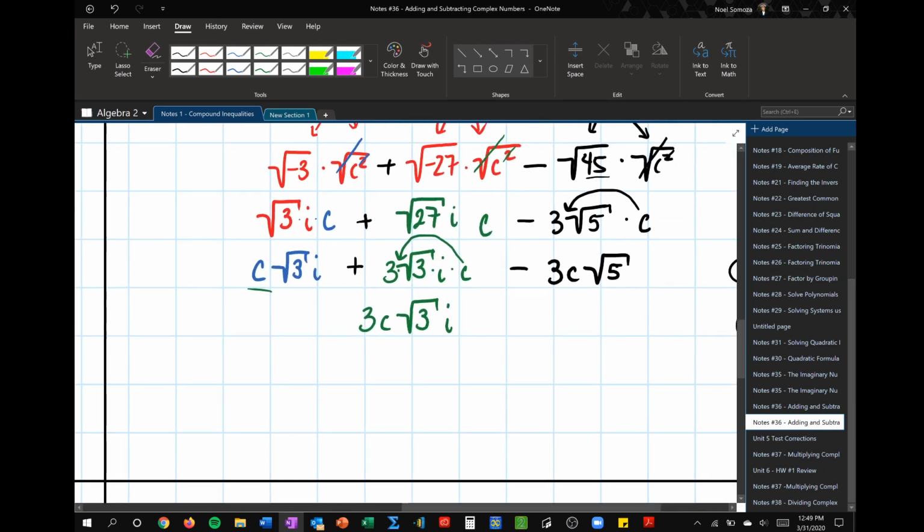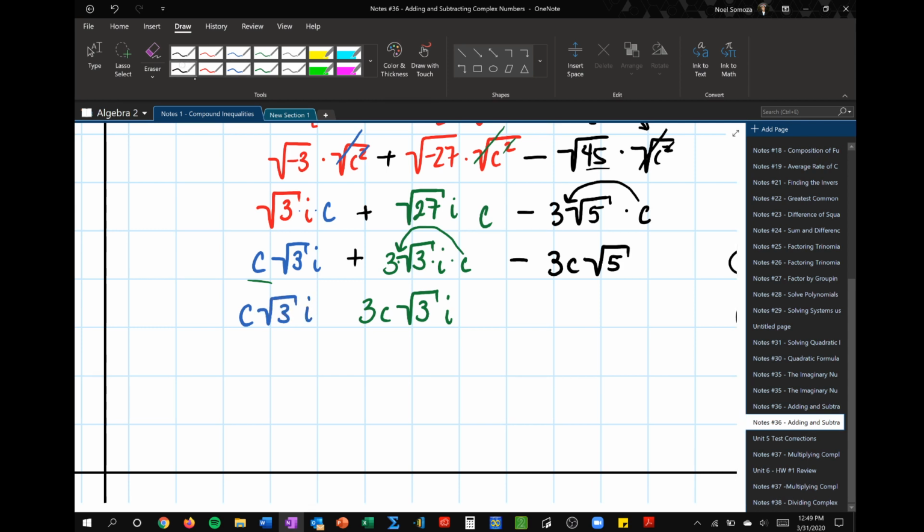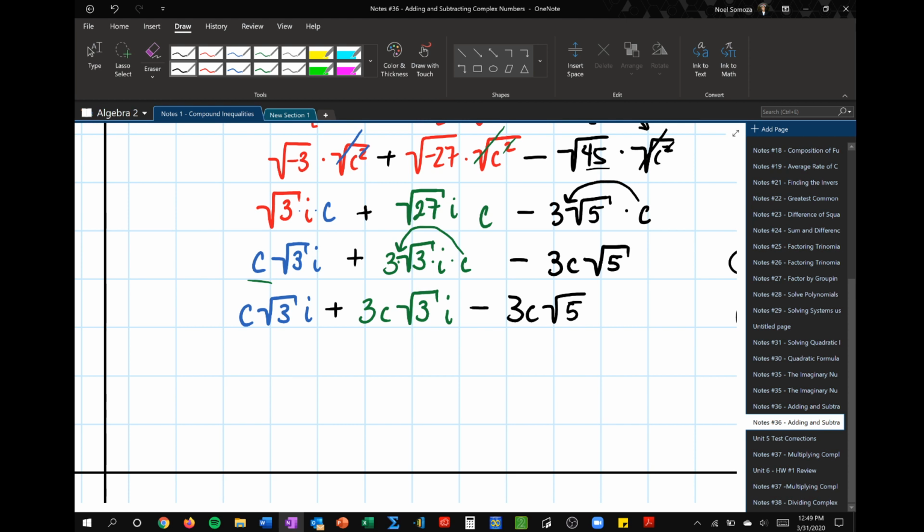Now let me bring everything down and then let's see if we have anything that we can combine together with like terms. First thing you look for, do they all have i, right? Check to see which ones have i, because if they have i, that means that they're imaginary.